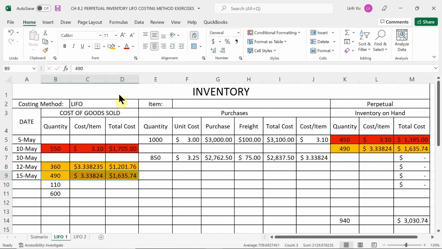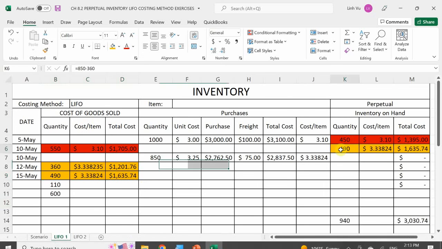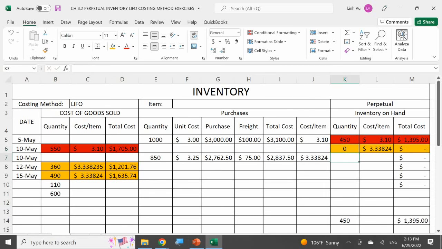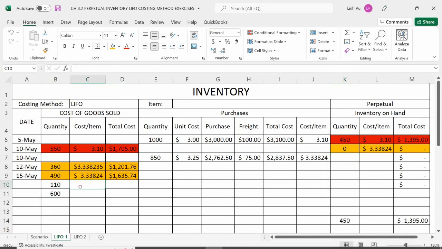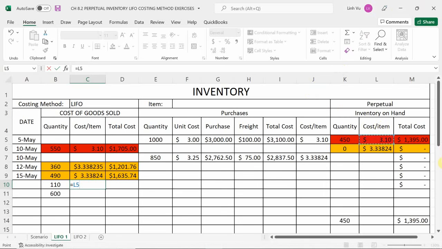And we know this is from my orange batch. So that means I already know I'm going to get rid of this whole entire thing, so I can just go ahead and eliminate it. So I only have now 450 units left of my red batch available to sell, at $3.10. So I can go ahead and easily solve that. 110 times 3.10 gives you 341.